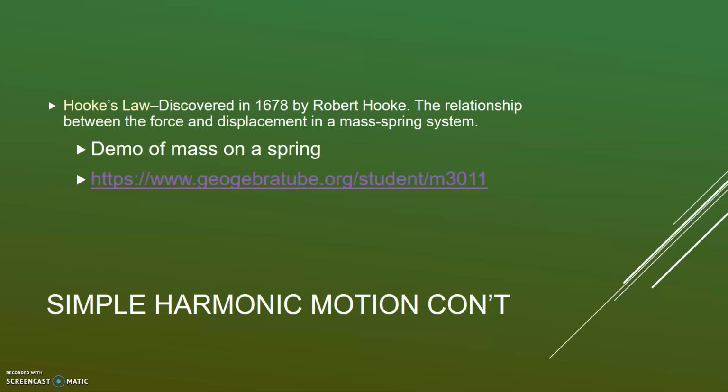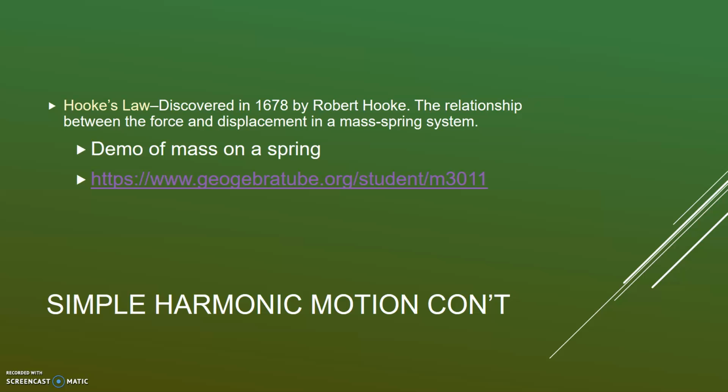In 1678, Robert Hooke put a mass on a spring, pulled it down, and he realized that it went up and down in a spring-like fashion. And that, again, has simple harmonic motion. If you take that weight off and just let the spring hang, that's its natural position.